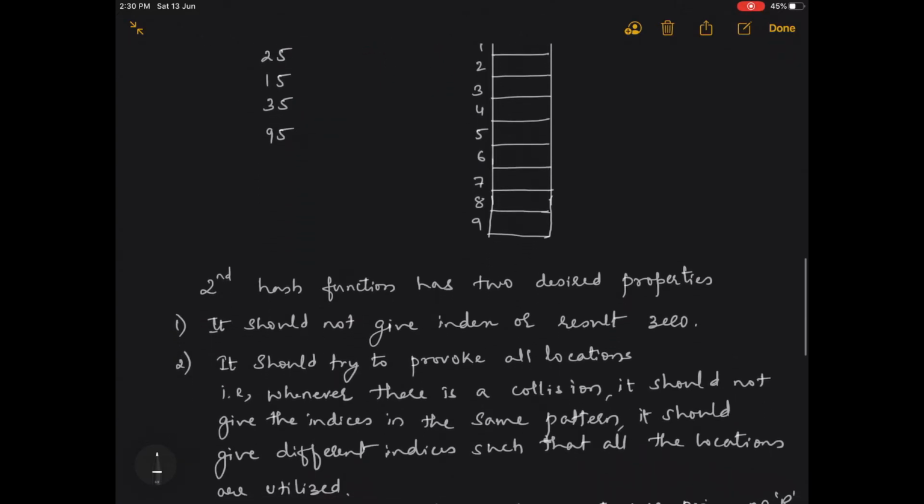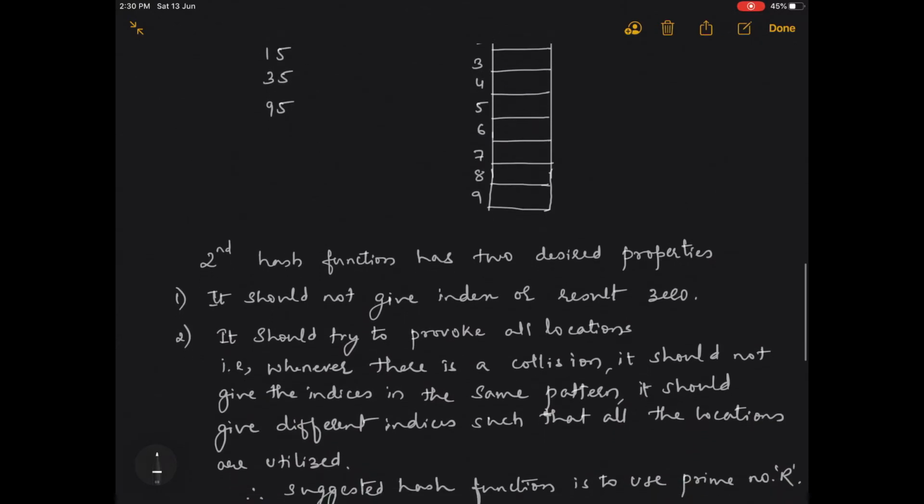Before that we should know two points regarding the second hash function we have set. It has two desired properties. One is it should not give the index or the result as 0, and why it should not be 0, I'll tell while taking an example.